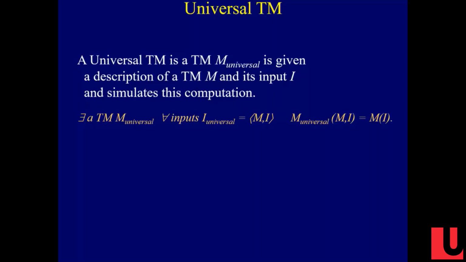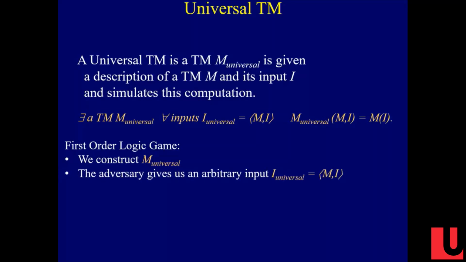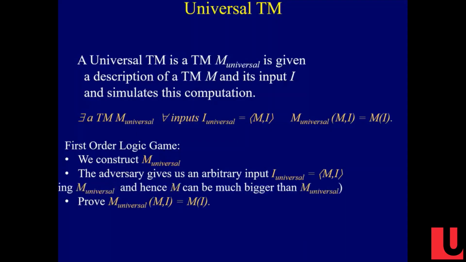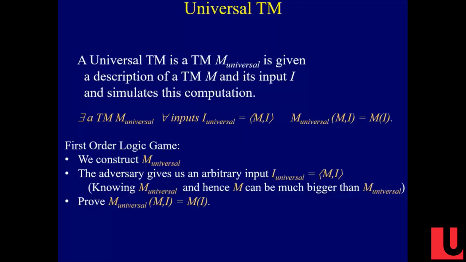So we can play the first order logic game, right? We have to construct this universal Turing machine. And then the adversary gives us the M and the I. And then we have to prove that what the universal machine does on M and I is the same as what M does on I. So if we make the same sort of notes we made before, the adversary comes up with M knowing what our universal Turing machine is.